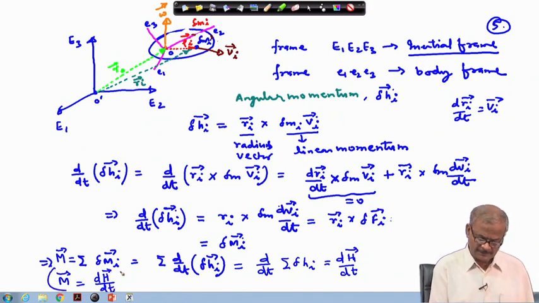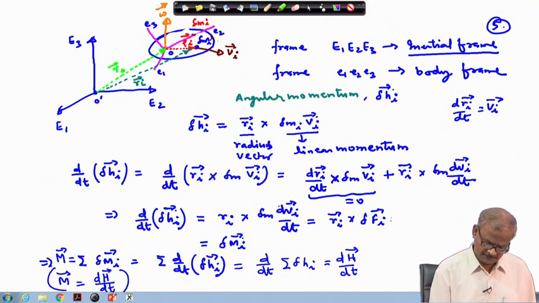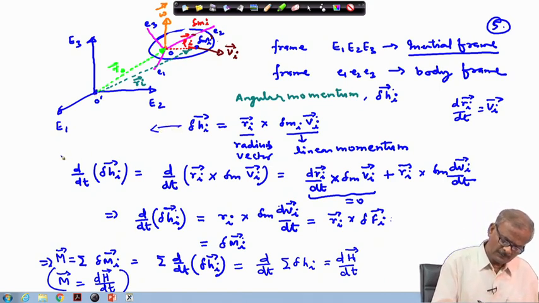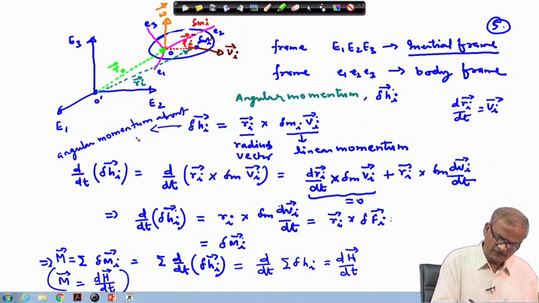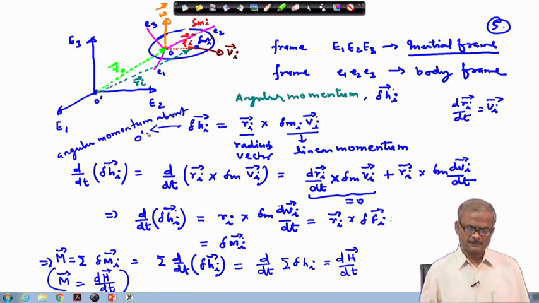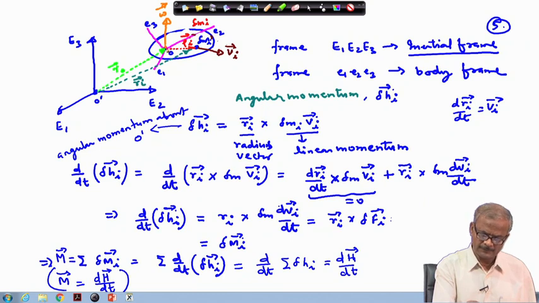But see, in this case, the angular momentum we have calculated is about this point O prime.